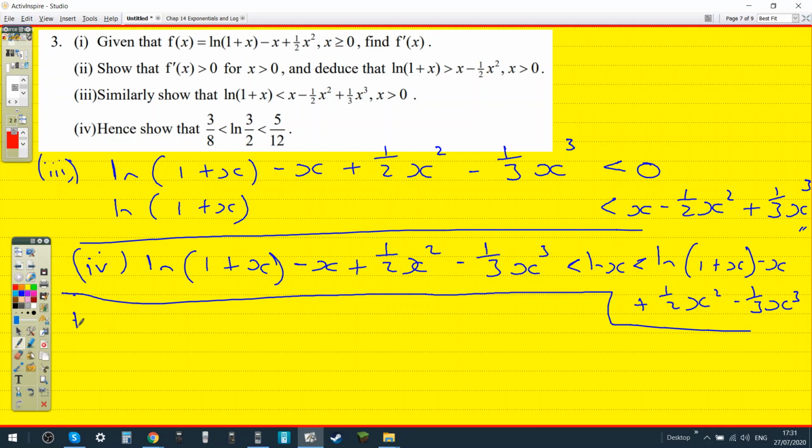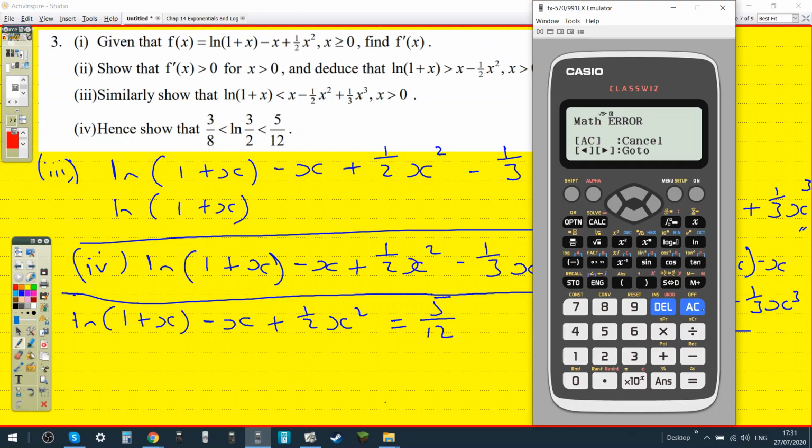So ln 1 plus x minus x plus a half x squared will be equal to 5 over 12. I don't know. It's a quadratic, I think. It's a quadratic arc. Hopefully I did it right.